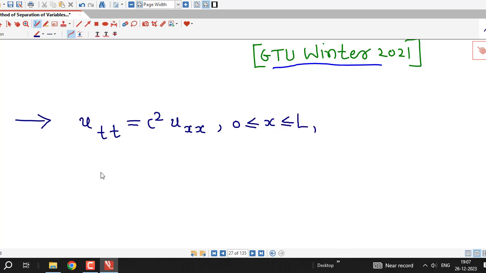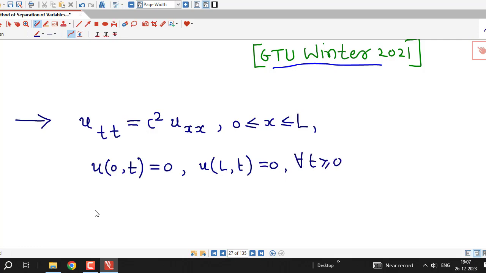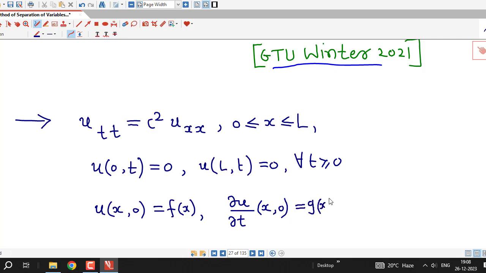The solution of this wave equation satisfies the boundary conditions u(0,t) equal to 0, u(L,t) equal to 0 for all values of t, and initial conditions say u(x,0) equal to f(x) and del u by del t at t equal to 0 is g(x).